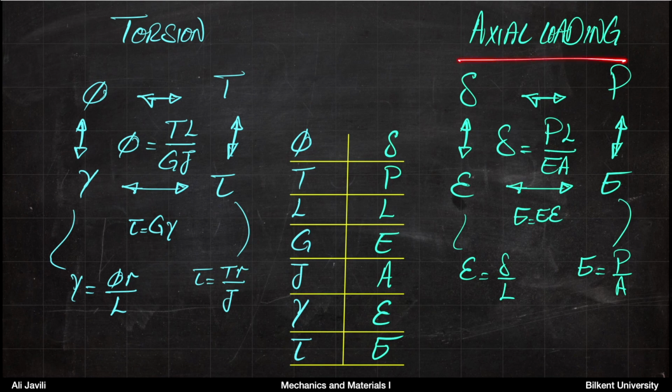For axial loading, the question is what is the relation between delta and P? That relation turns out to be delta equals PL over EA. For a torsion problem, we are looking for a relation between the angle of twist phi and the torque T. And the relation here is phi equals TL over GJ.